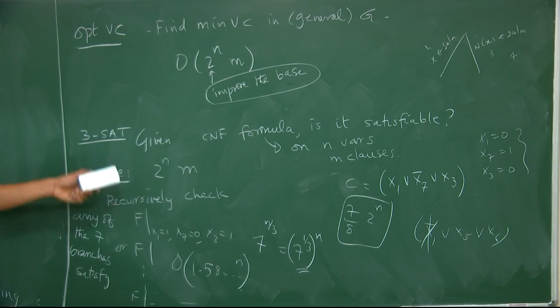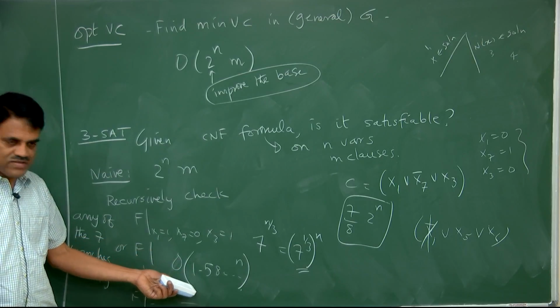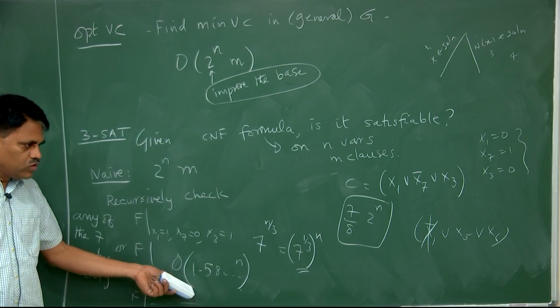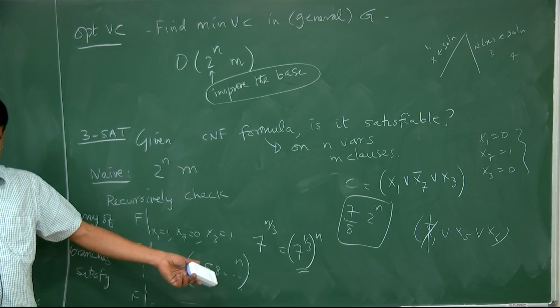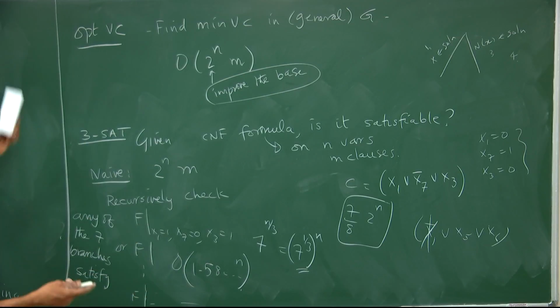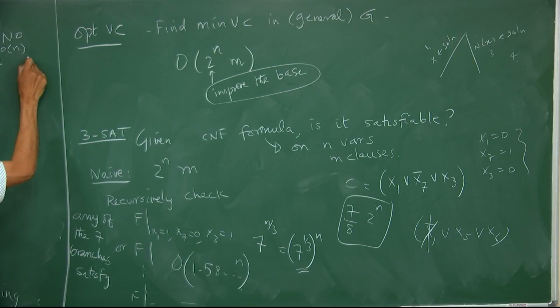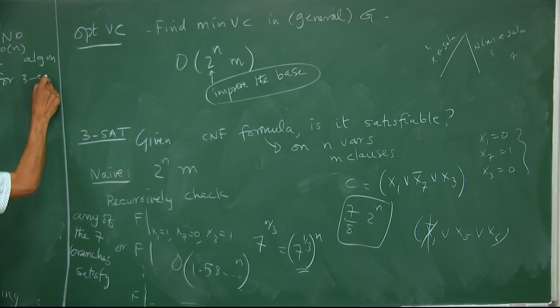So even for 3 SAT, can I keep doing this? I mean, how far can I go? Can I get 2 power square root of n? Right? The exponential time hypothesis says that there is no 2 power little o of n algorithm for 3 SAT.